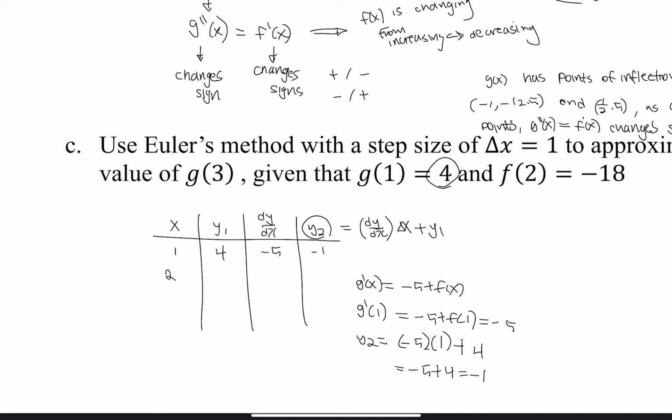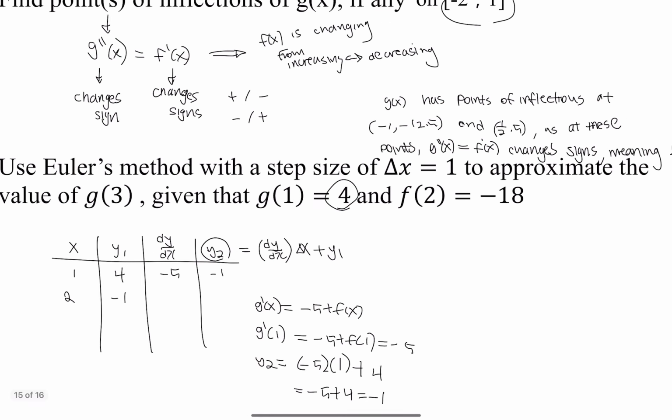So for x equals 2, the y1 value is -1, and now we're going to go again to g prime of 2, because we're trying to find a dy dx again, and then that would be -5, and then plus f of 2, right? And then f of 2 is given right here, so we can plug that in.